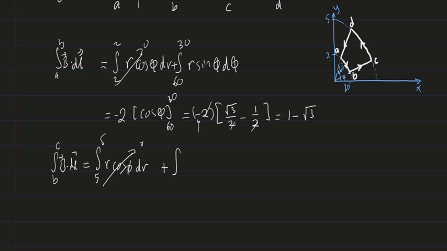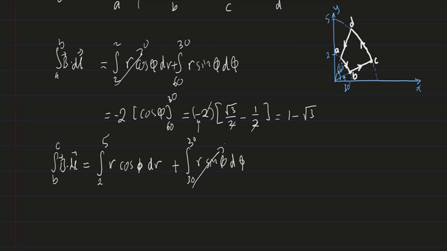The integration is going from point B to point C, so this is from 2 to 5, because here r is equal to 2 and here r is equal to 5. So this is r cosine phi dr.